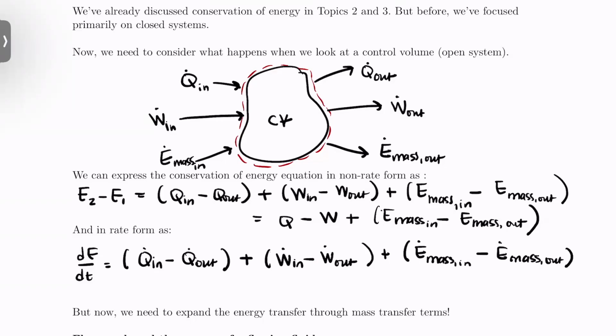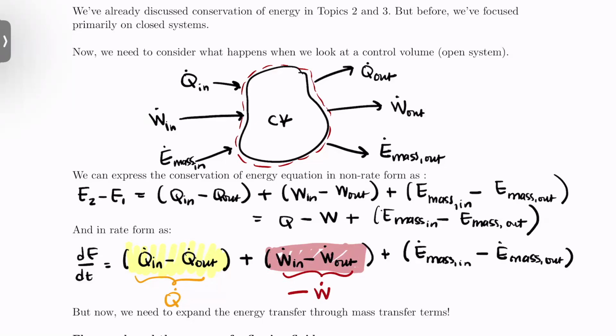Okay, this first term is just Q dot. This second term is negative W dot. The reason it's negative is because we view work out to be positive.